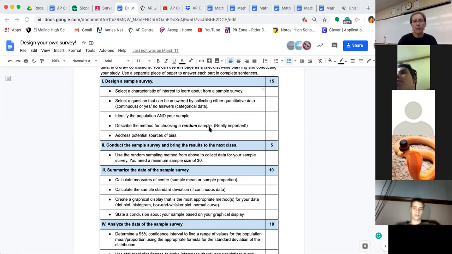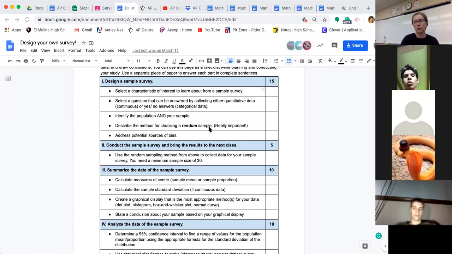And then potential sources of bias might include something based on the type of people that responded to your survey. Maybe those people have never had pizza before, and so they might have bias. Or maybe the people that responded were all people that enjoy pepperoni pizza for some reason.